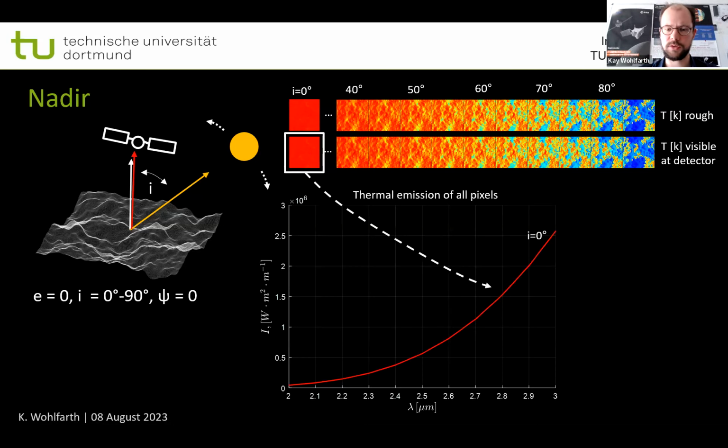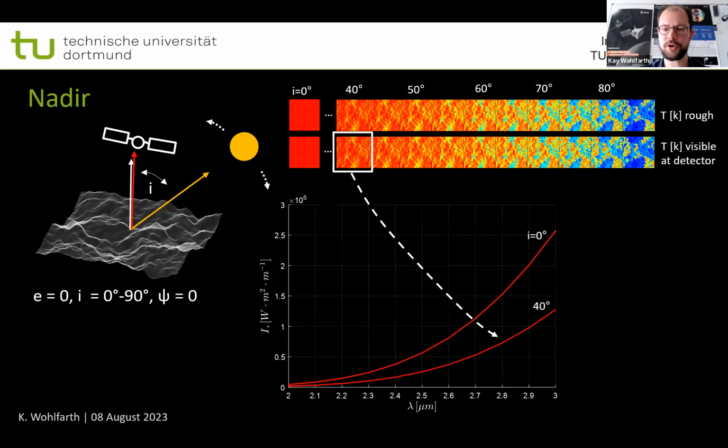And in this case, between 2 and 3 micrometers, we simply get this increasing line that is the radiance, the thermal emission for unit emissivity given this configuration, simply summing over the Planck emission functions of all single pixels. Then, when considering maybe 40 degrees, we see that there are some parts that are colder.